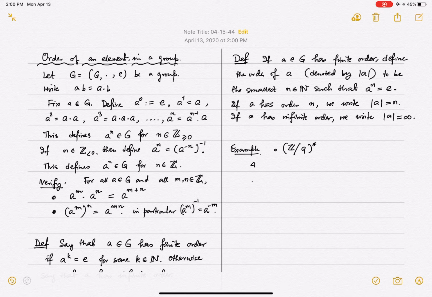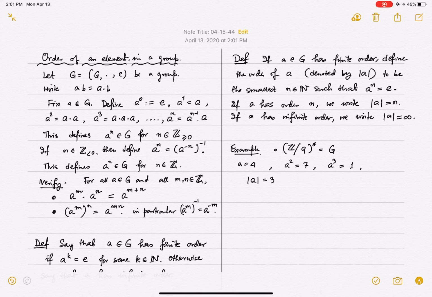That's our a, and this is our G. So what is 4 squared? 16, which is 7. That's not 1. And then what is a cubed? Well, a cubed is 7 times 4, that is 28, which is 1. So that's the identity. This shows that the order of a is 3. That's the first time you got the identity.